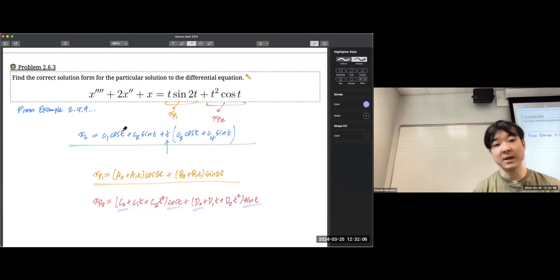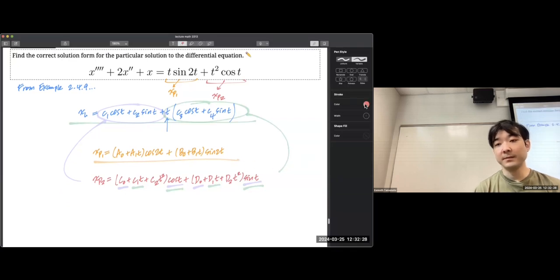These together will match this stuff. Then if you multiplied this C1 with this cosine of t and this D1t with this sine of t, that would match these right here. So you need to multiply by t twice. That's going to be necessary to get all the terms to be distinct.